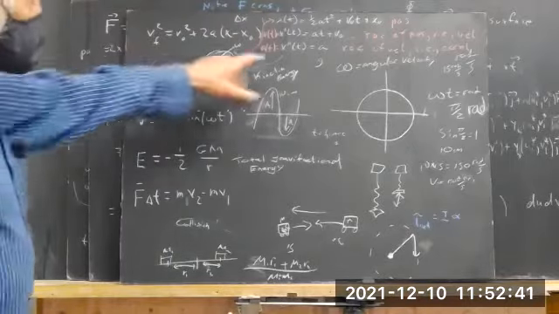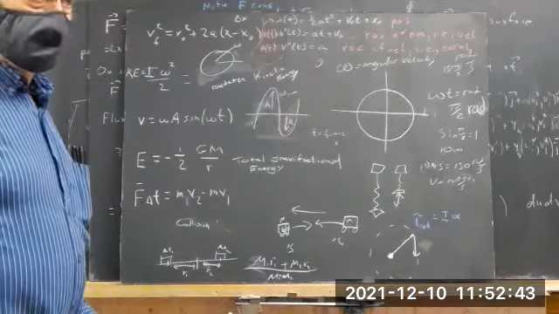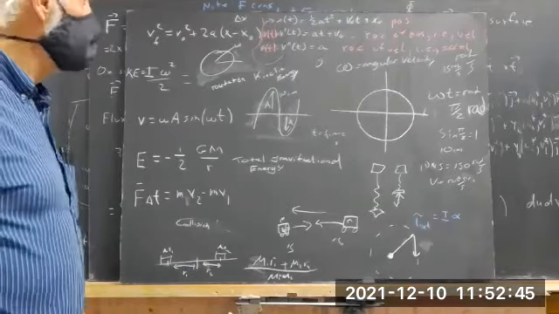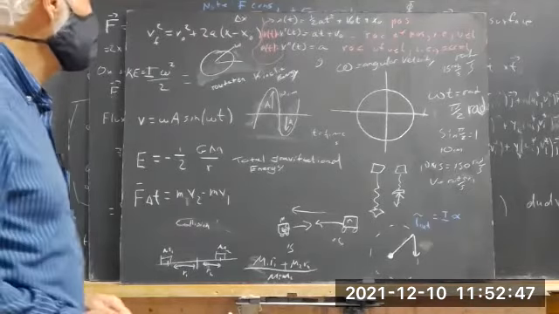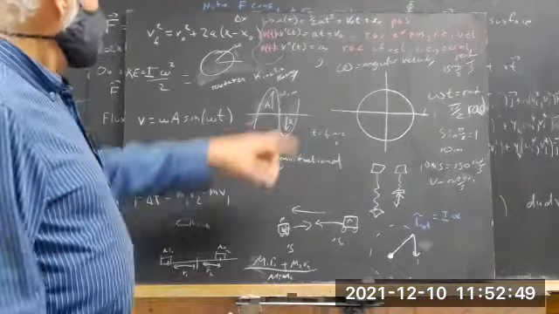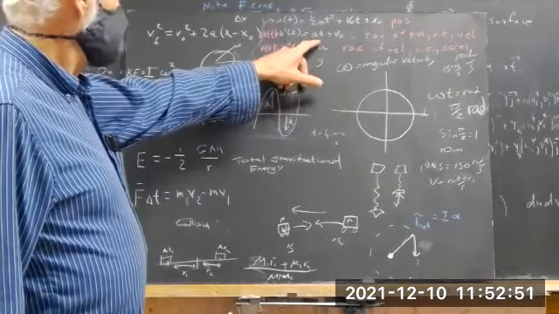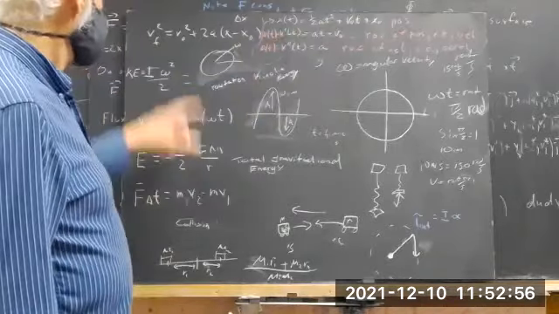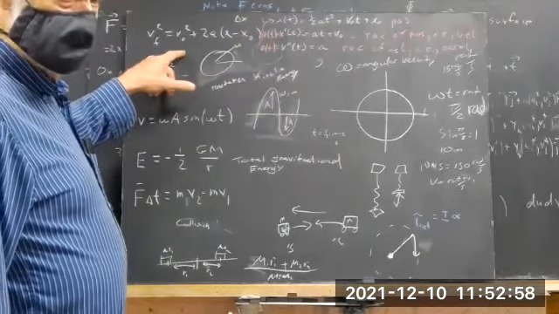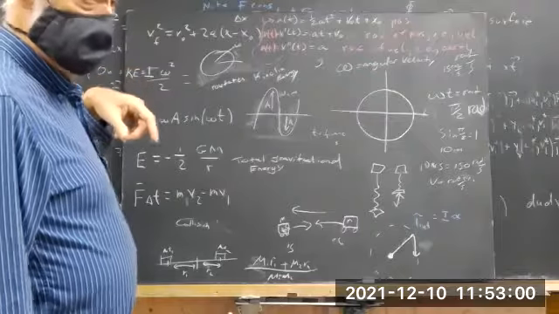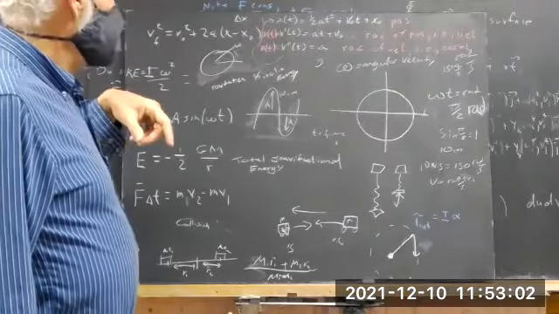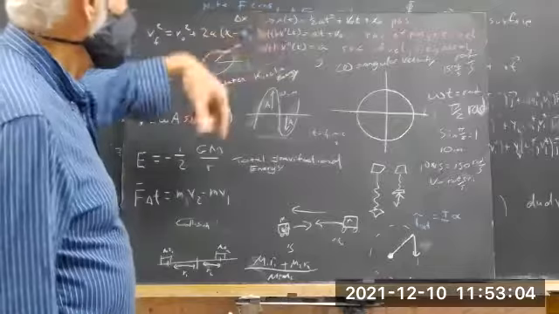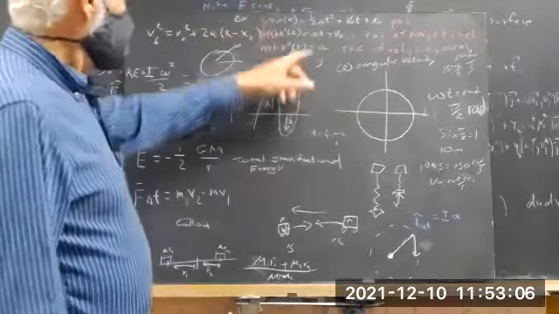Now, what does this have to do with this? Well, if you eliminate t between this equation and this equation, you get this equation. Also, solve this equation for t.